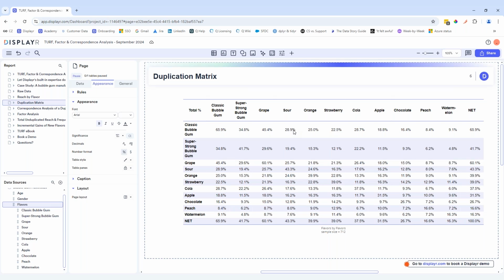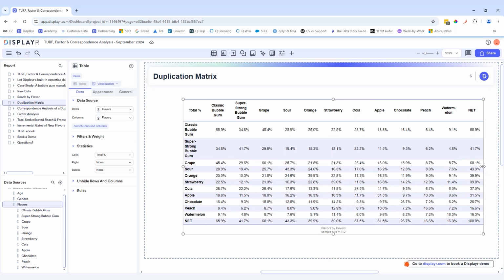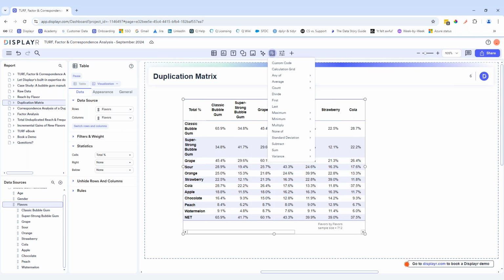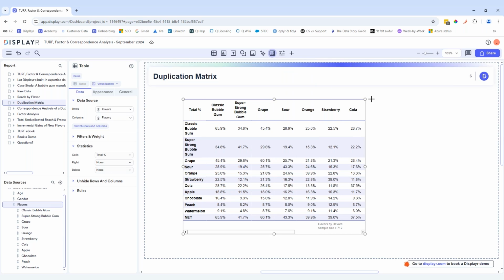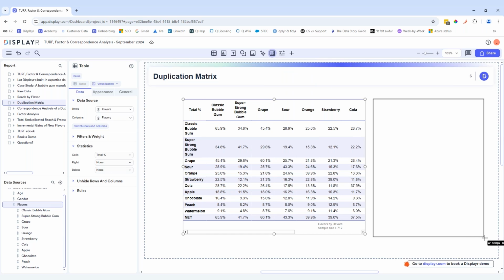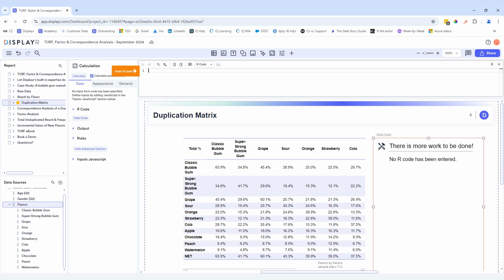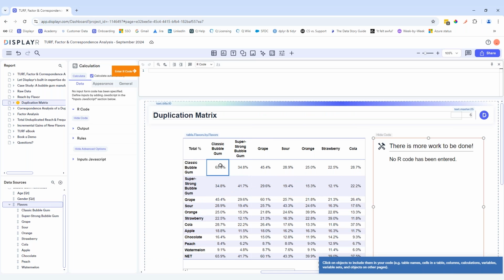Now remember, the reach for classic bubblegum and cola was 75%. We can actually compute this reach using this duplication matrix. So let me show you how. We know that classic bubblegum by itself has a reach of 66%.